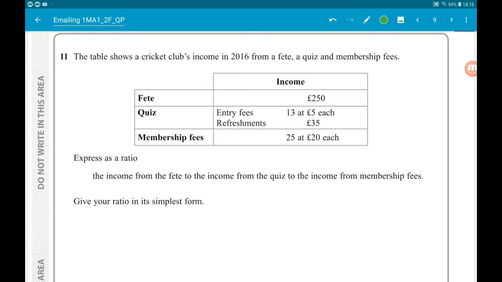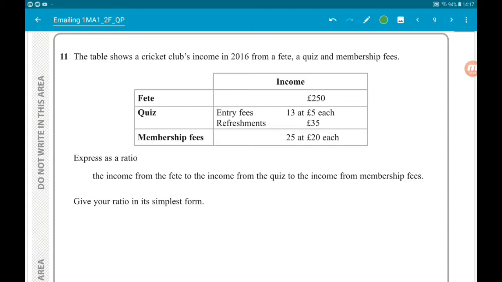And the membership fees, there were 25 of them at £20 each. We want to express as a ratio the income from the fete to the income from the quiz to the income from the membership fees, giving our answer in its simplest form.